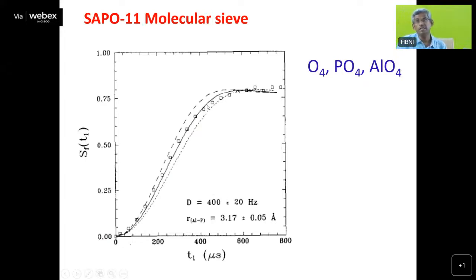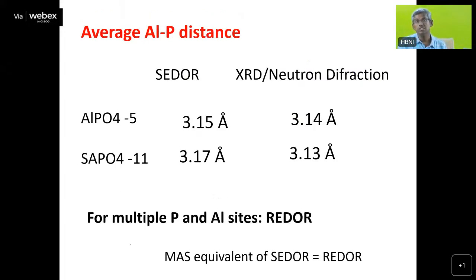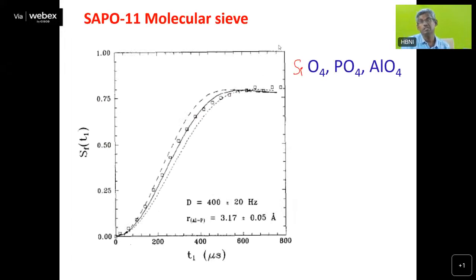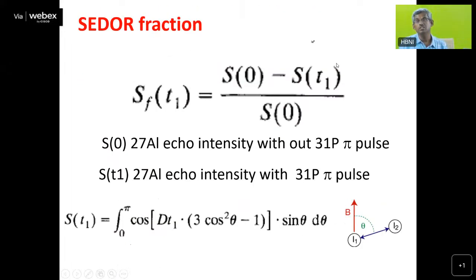So here we have AlO4 tetrahedra, PO4 tetrahedra, and also SiO4 tetrahedra. I think I have not written silicon in the figure. So we have SiO4 tetrahedra, all corner shared. Again, we have this type of structure.